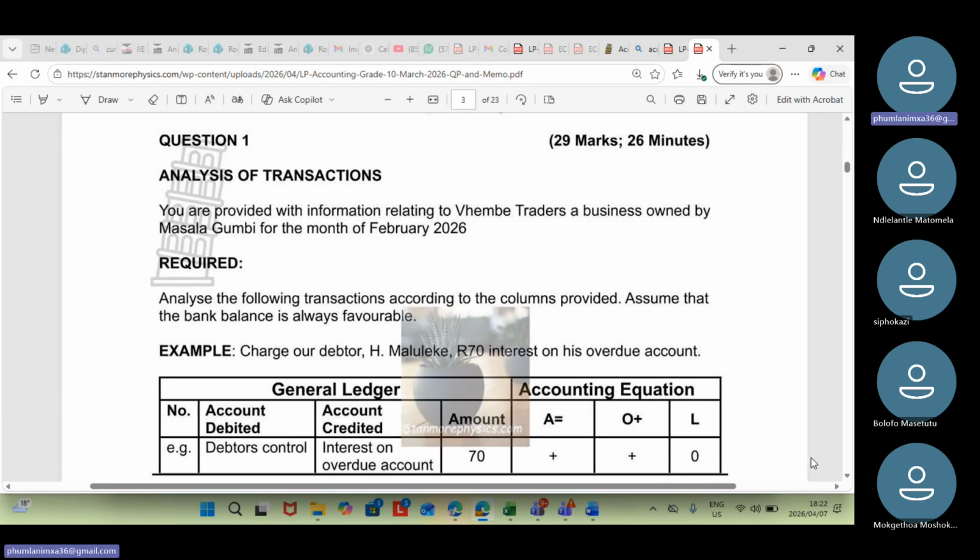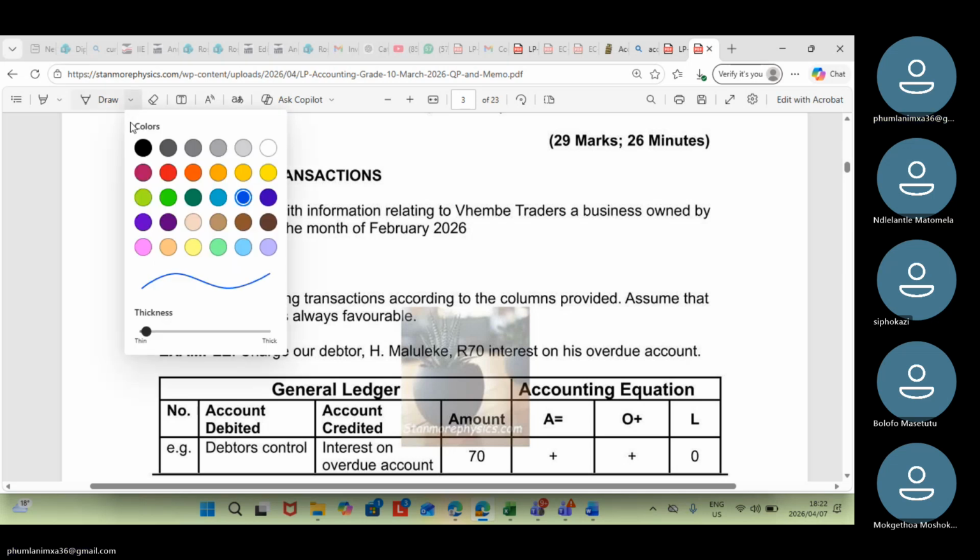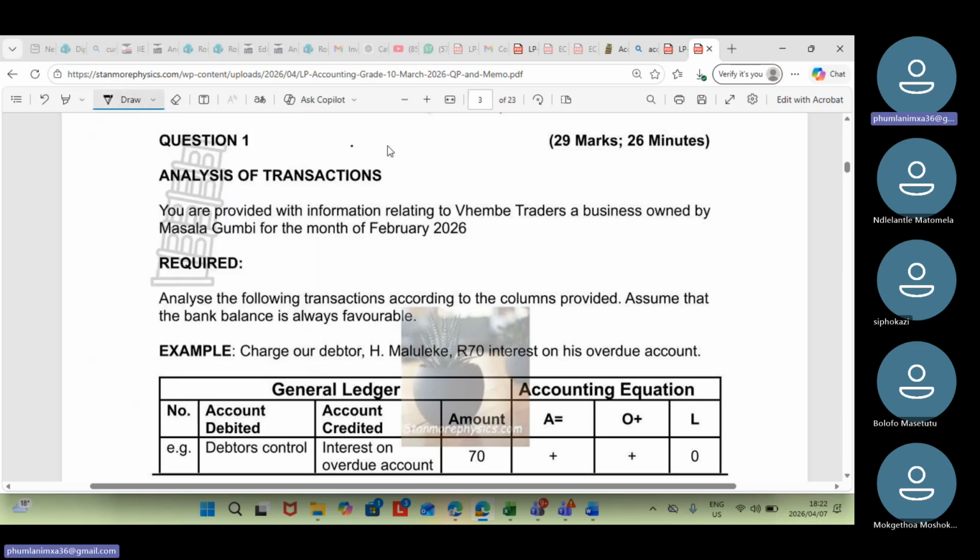With the accounting equation, as long as you know that, just to summarize, assets increase on the debit side, they decrease on the credit side. Liabilities and owner's equity increase on the credit side, they decrease on the debit side.